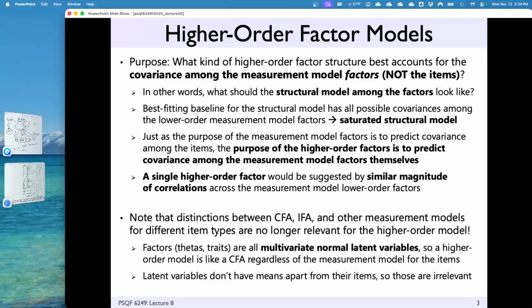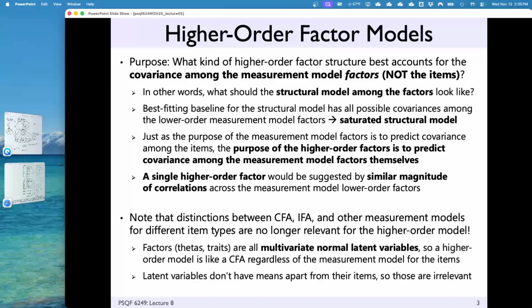Okay, so there are distinctions between models. In our class you might hear, okay, I have categorical data, so I'm going to use item response theory. That's the name of the measurement model. Or I've got continuous data, I'm going to assume continuous data, use the confirmatory factor analysis. When you get to the higher order model, in the case of continuous latent variables, there is no choice between these methodologies. They're all the same.